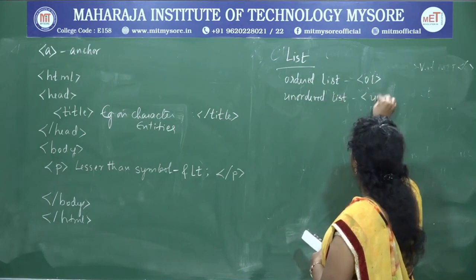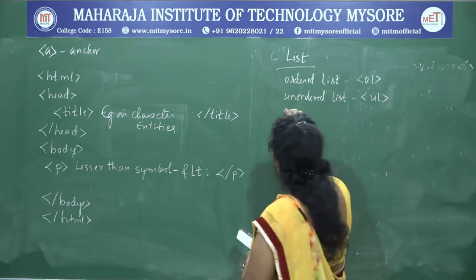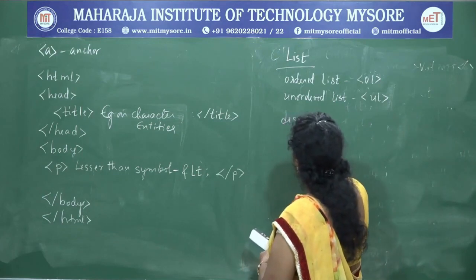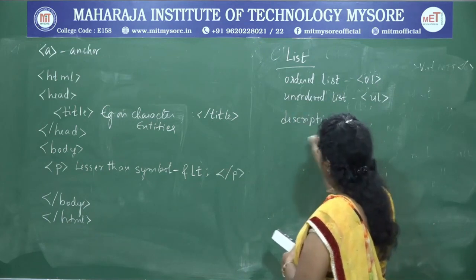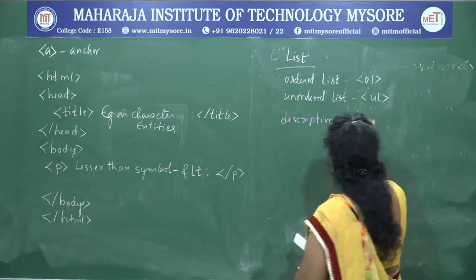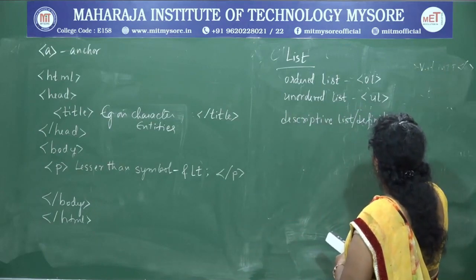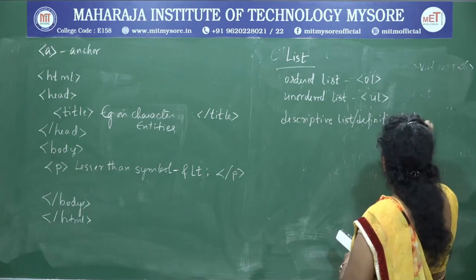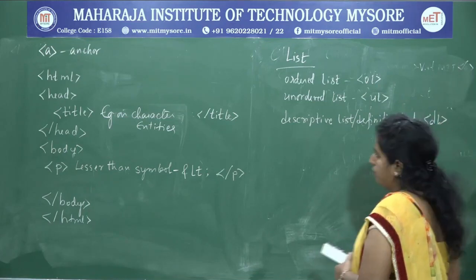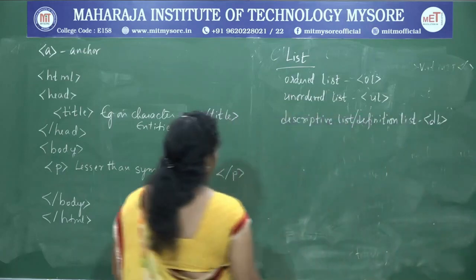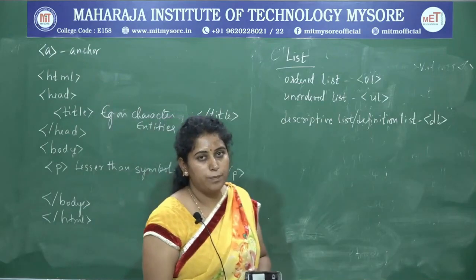That is given by the tag UL. One more is the descriptive list or definition list. Both are the same. The tag used is DL. So what is an ordered list?